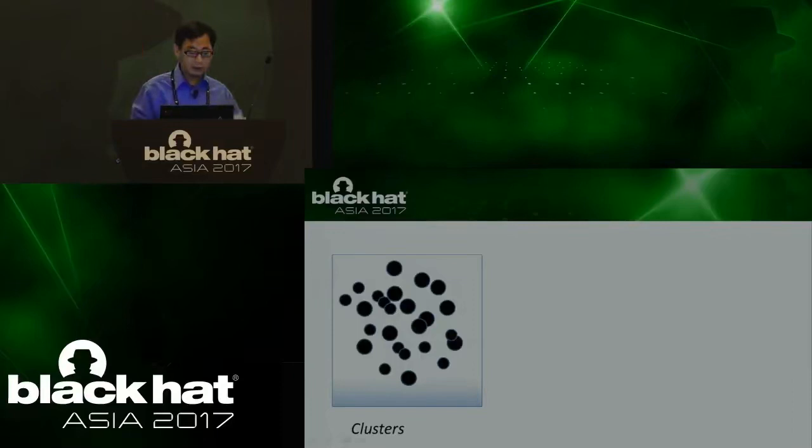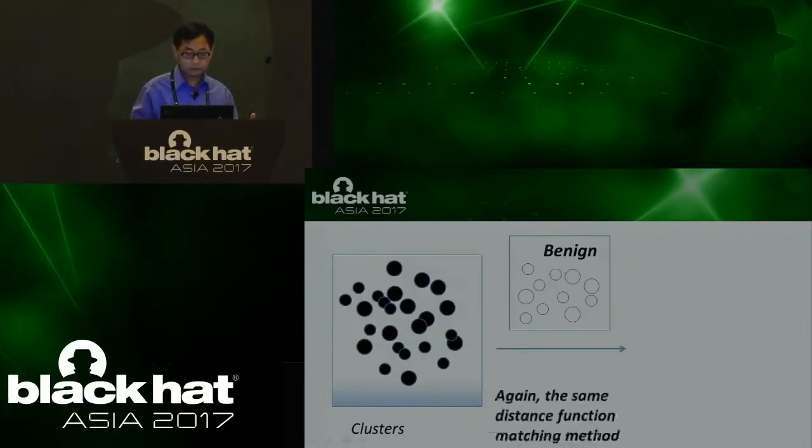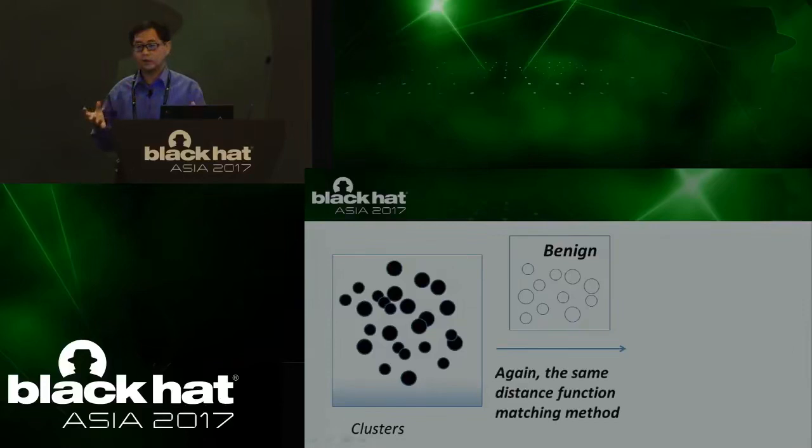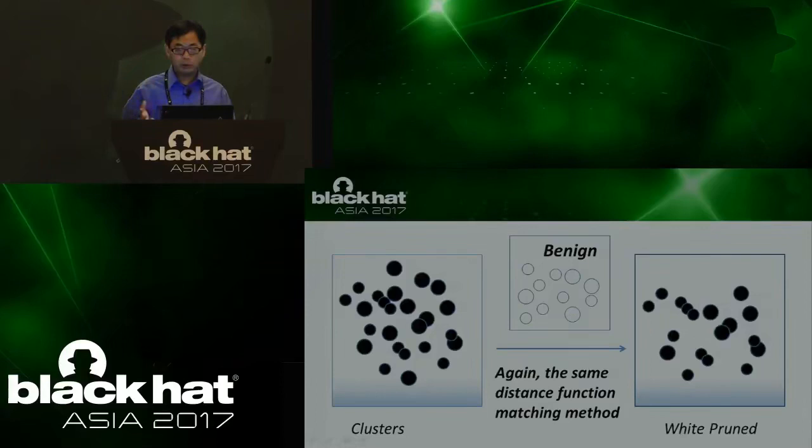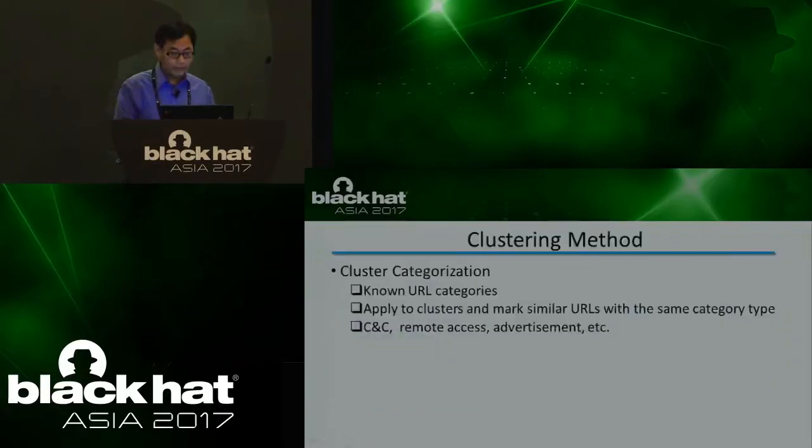Basically, we have the clusters, then a collection of benign samples, and we apply the same method, same distance function, same threshold. Then we figure out what is white in the model and take it out. Then we get a model which will never tell you those white traffic are positive.